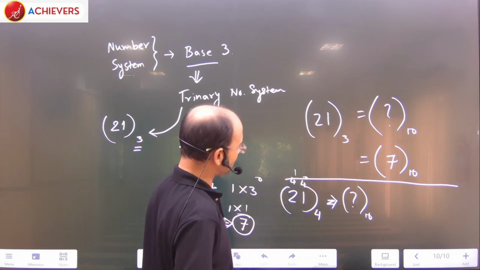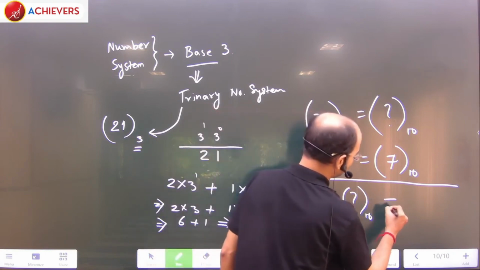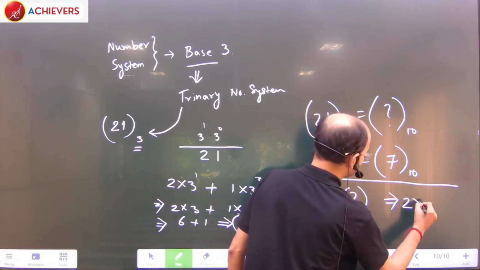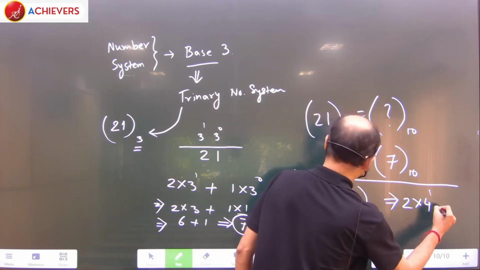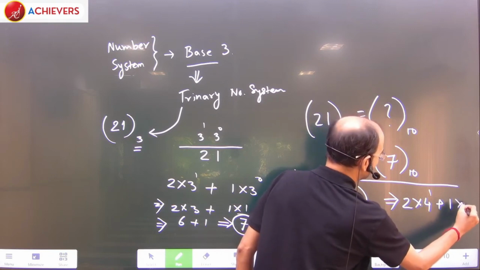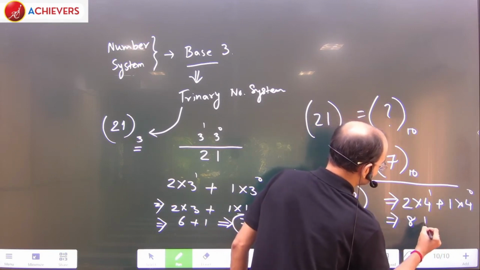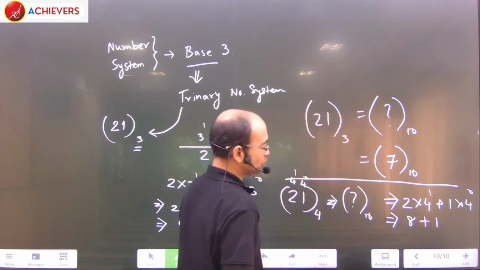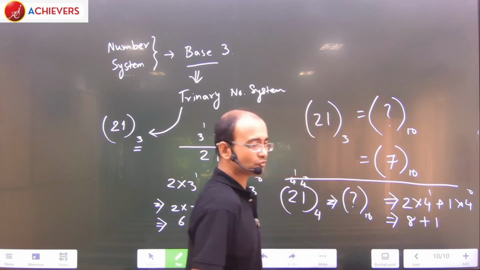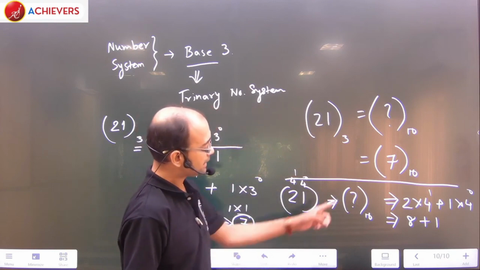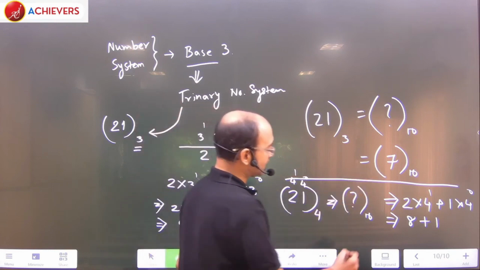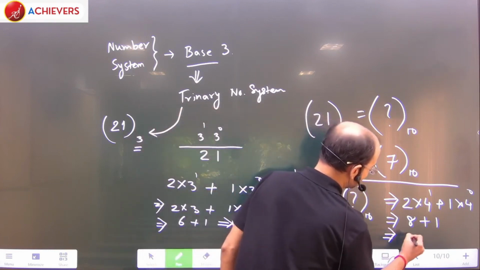So 4 to the power 1 means 4. So that will be 2 into 4 to the power 1 plus 1 into 4 to the power 0, that is equal to 8 plus 1. Because anything to the power 0 is 1, so 1 into 1 is 1, and 2 into 4 is 8. So that provides us with the value 9.